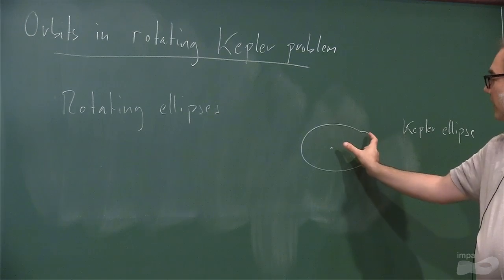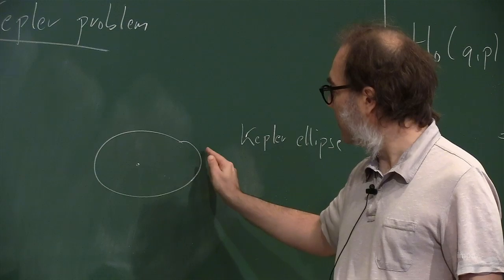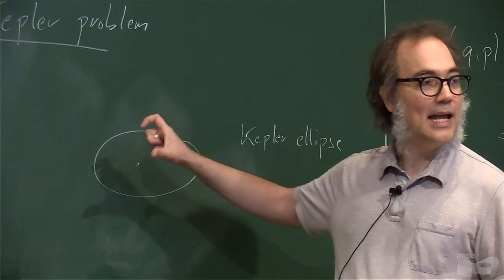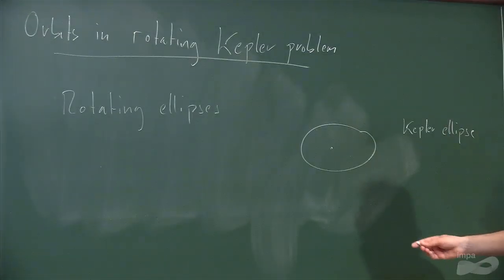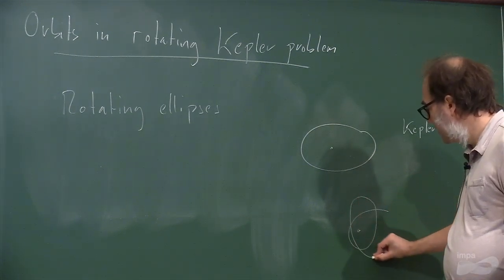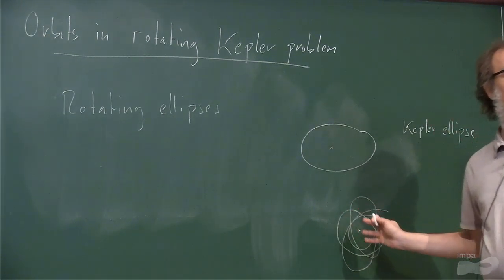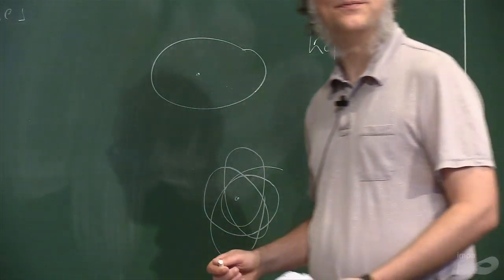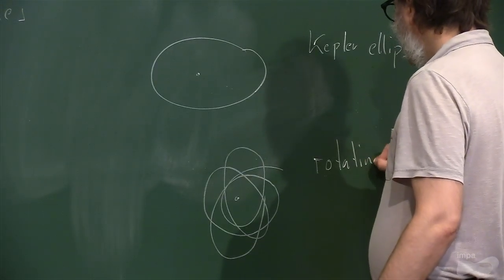You know by Kepler's law, same time, same area. So the parametrization is: here you're a bit slow, here you're fast, slow, and so on. But now you start rotating this whole thing, and you will get amazing pictures. So you will get something like this, and then something like this. So beautiful curves you get. So this is a rotating ellipse.